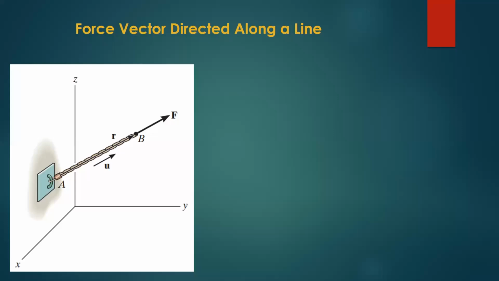What if you have a force that has been directed along a certain line whose position vector can be found? How do you do the calculations? The same things that I've just explained are exactly what you're supposed to do. After finding the unit vector in the direction of R, you just need to multiply the force that you've been given by the unit vector.